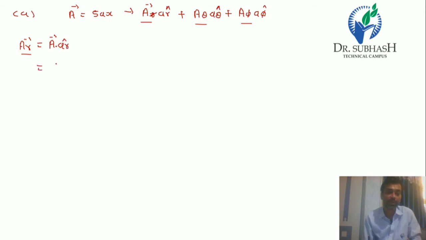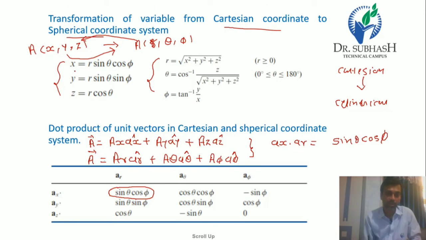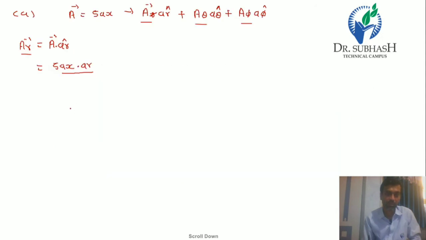So Ar, the value of the vector A is 5 ax dot ar. Now here we use the transformation table. ax dot ar means sin theta cos phi. So we put in the value, so Ar is equal to 5 sin theta cos phi.